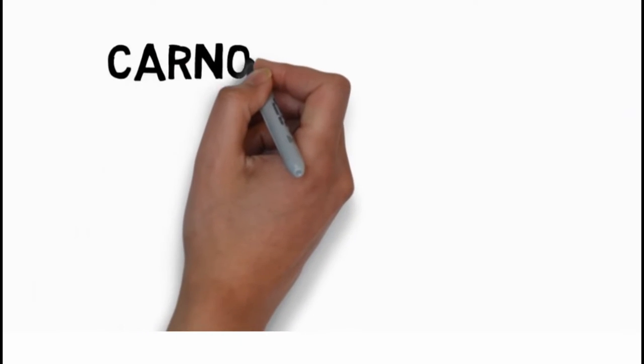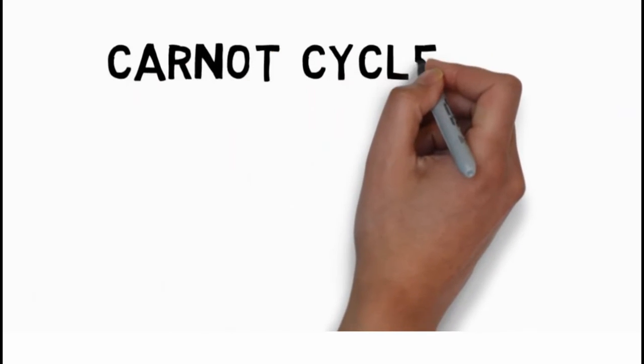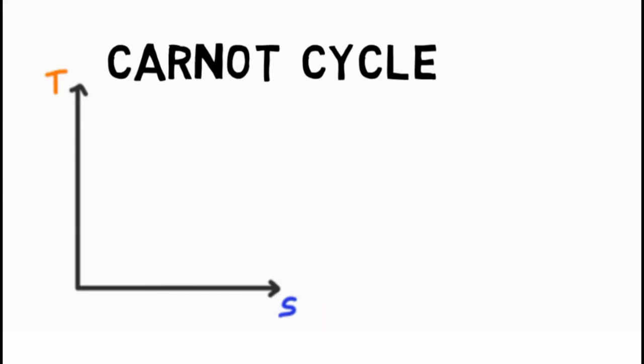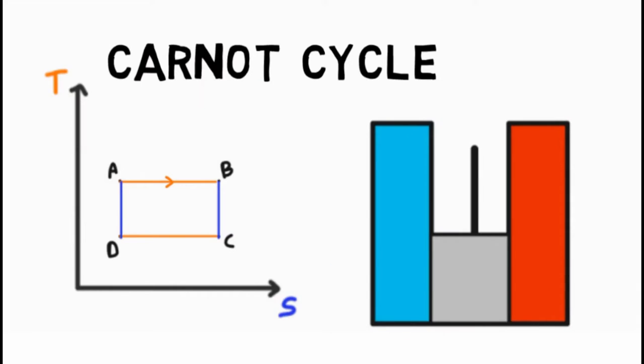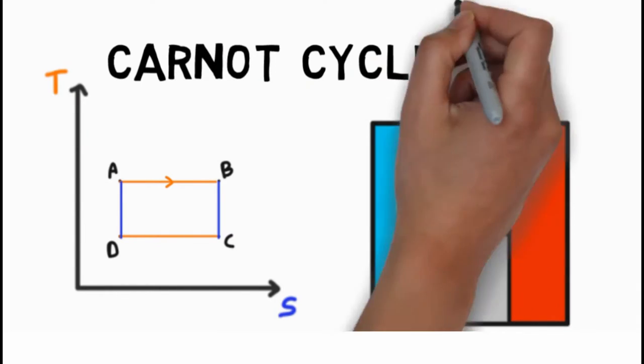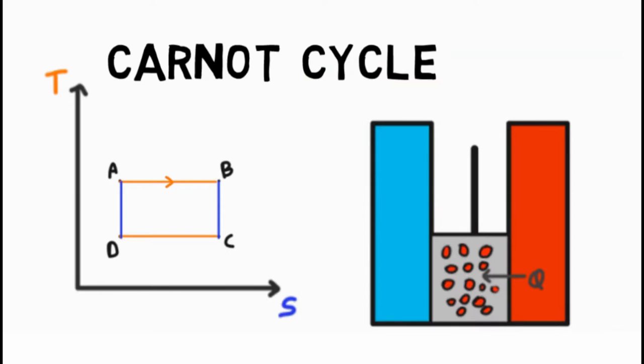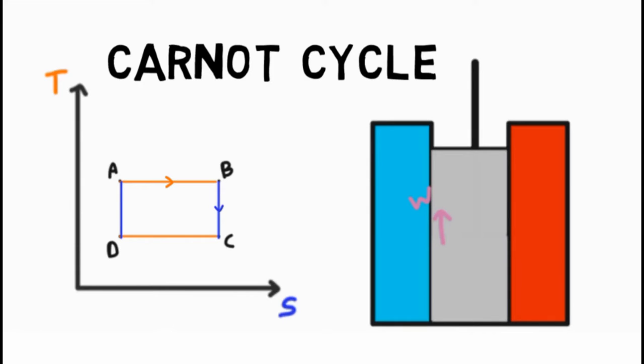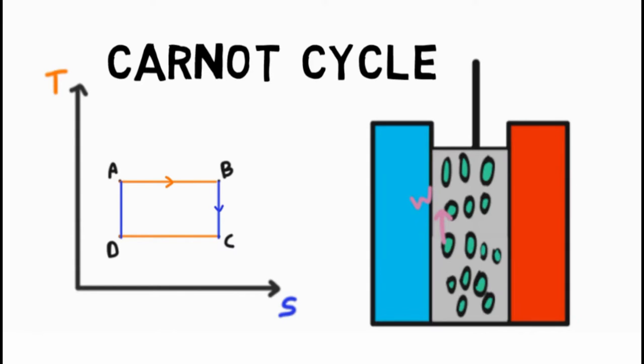Now, a Carnot cycle is an ideal hypothetical cycle in which all the processes are reversible. The cycle consists of 4 processes, 2 reversible isotherms and 2 reversible adiabatics. First, a reversible constant temperature process called an isotherm, in which heat enters and increases the internal energy of the system. Second is a reversible constant entropy process called a reversible adiabatic process, where work is done by the system at the expense of internal energy and the temperature is decreased.